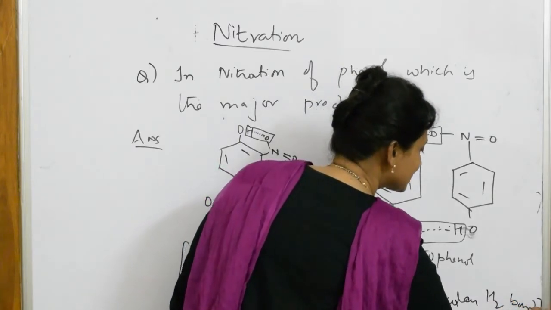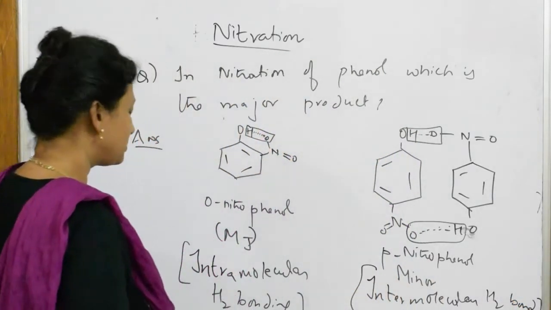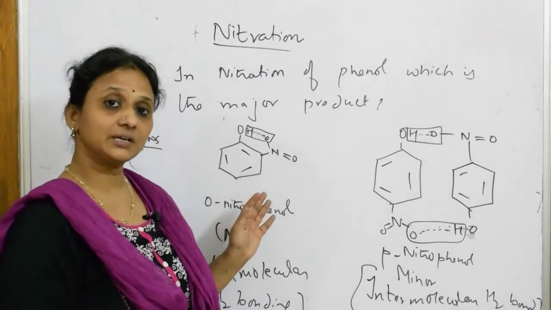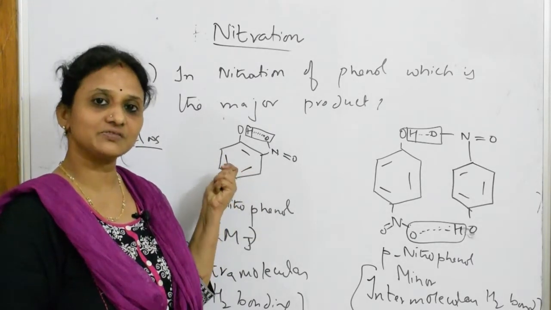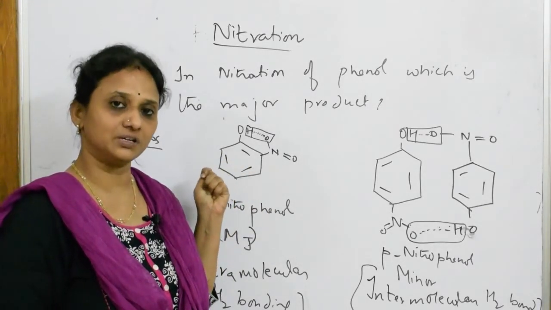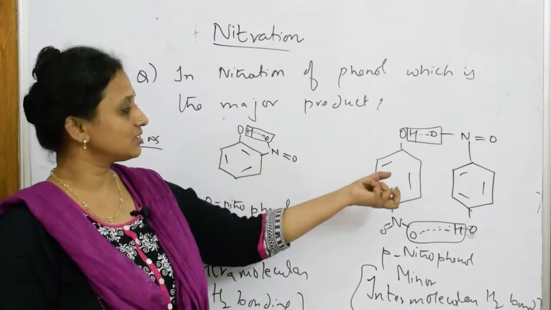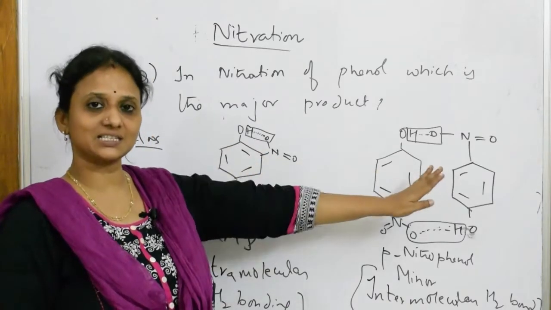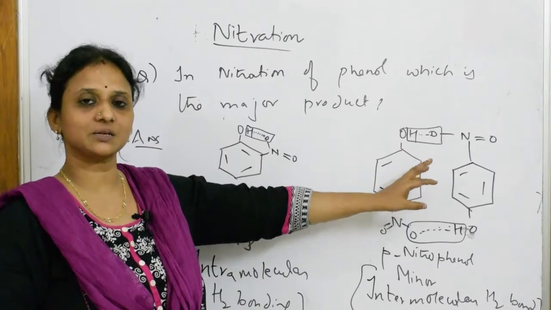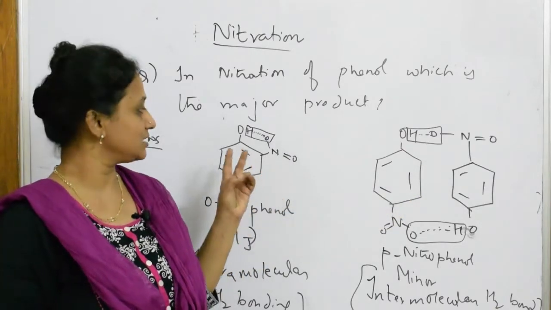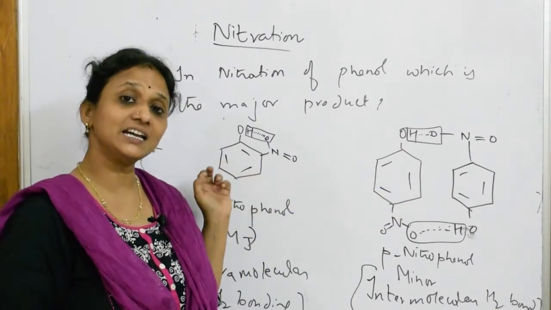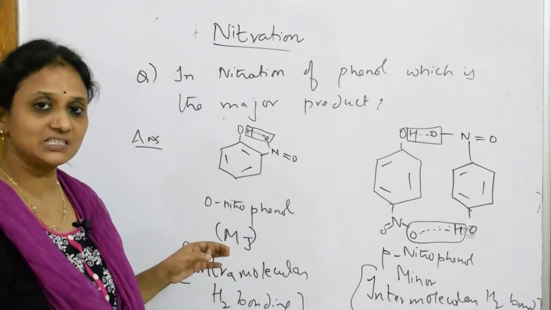So because of this reason, what happened? Which is stronger? Yeah, this is stronger, isn't it? This is very strong and more preferred, more stable. Compared to this, this is a bit less stable. So we always say this is stronger and this is the highly preferred product. Let me reason again.